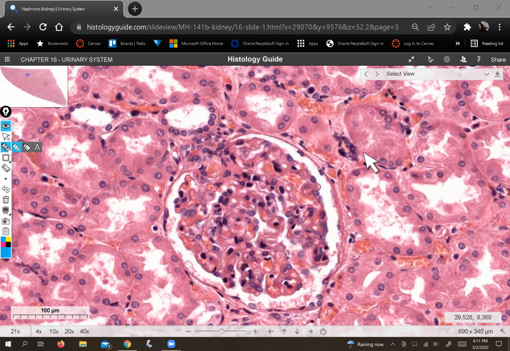So each corpuscle has, let's make this a little bigger, a vascular pole, which is the place where the afferent and efferent arterioles come and go, and nestled between the arterioles is this tube, which is just at the point where the DCT, the distal convoluted tubule, is coming up and transitioning to go try and find a collecting duct to connect to.